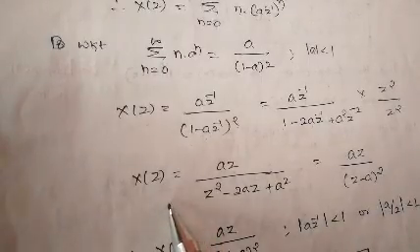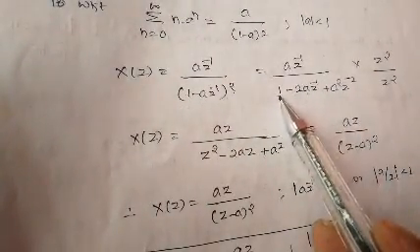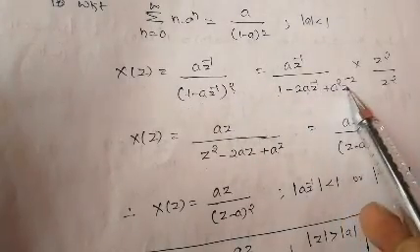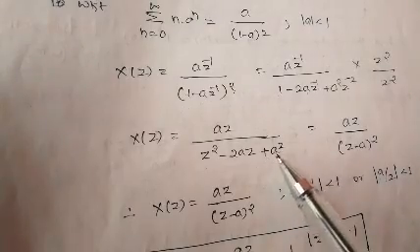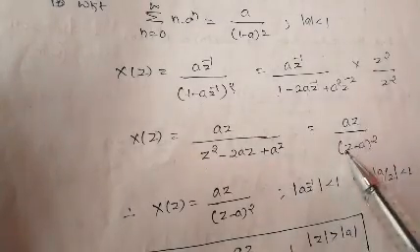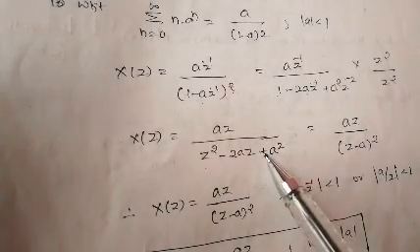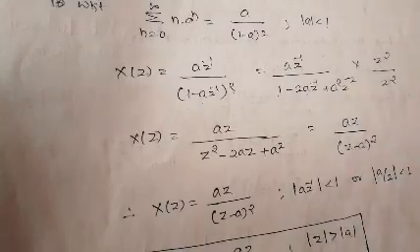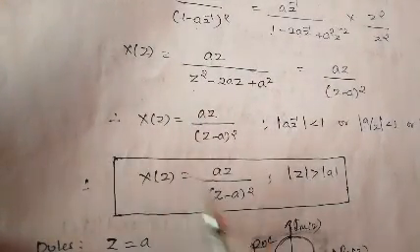Hence we get x of z equal to az divided by z square minus 2az plus a square. It is of the form a square plus b square minus 2ab, so we can write z minus a, whole square. This is the z transform for the given sequence.